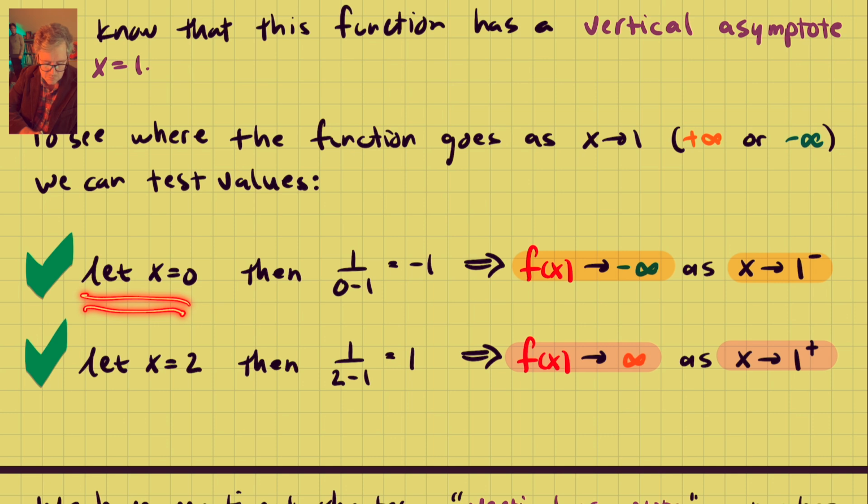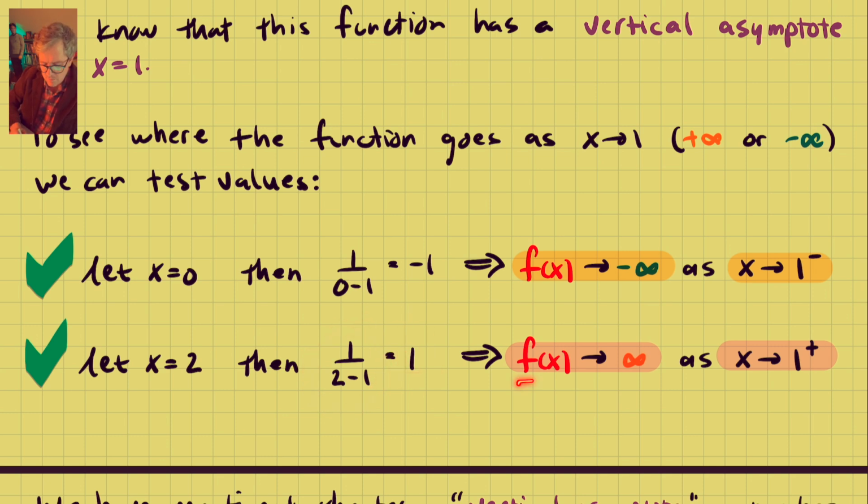Let's plug in x equals 0. If I plug in x equals 0, I get 1 over 0 minus 1, and so negative 1. And so just looking at the function after I plot it, I can see that indeed this function does go to negative infinity as I approach 1 from the left-hand side. Similarly, I can plug in x equals 2. And when I do that, I see that the function is 1 over 2 minus 1, so the value of the function is 1.